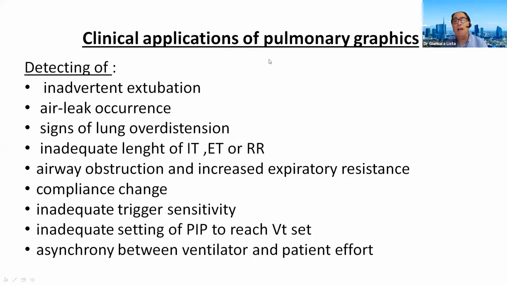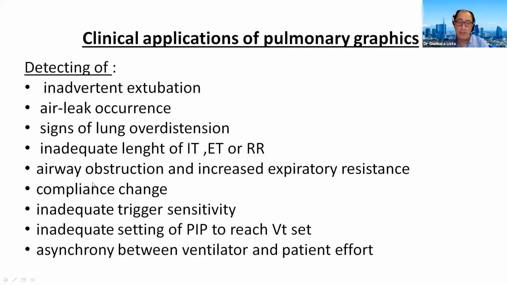What are the clinical applications of pulmonary graphics? We can detect inadvertent extubation, high leak occurrence, signs of lung overdistension. We can understand if the length of inspiratory time, expiratory time, and respiratory rate are adequate or not for this baby in that condition of lung disease. We can detect airway obstruction and increased expiratory resistance.